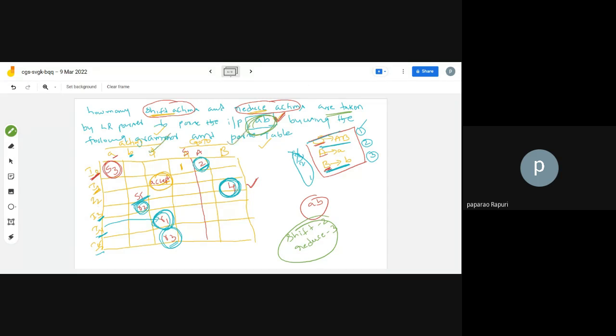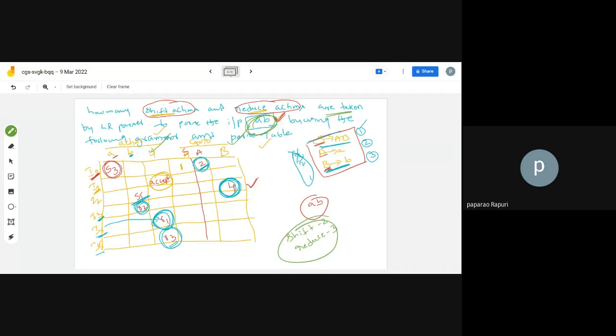So this is the way to check how many actions are performed. He may simply ask the question as how many shift actions and how many reduce actions are performed with the given LR parser.